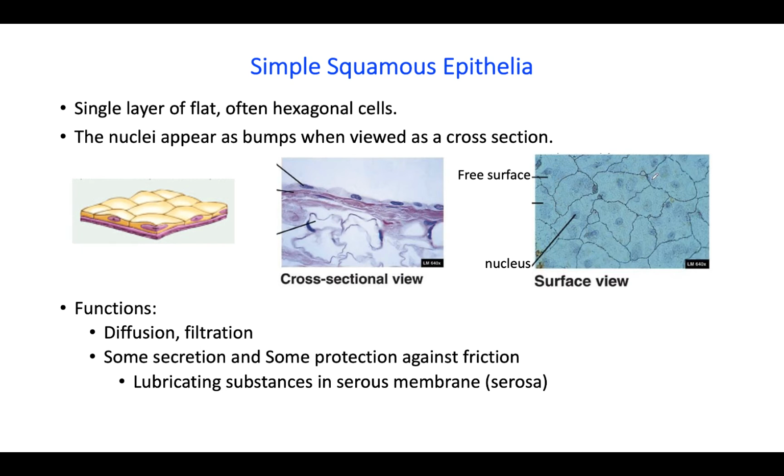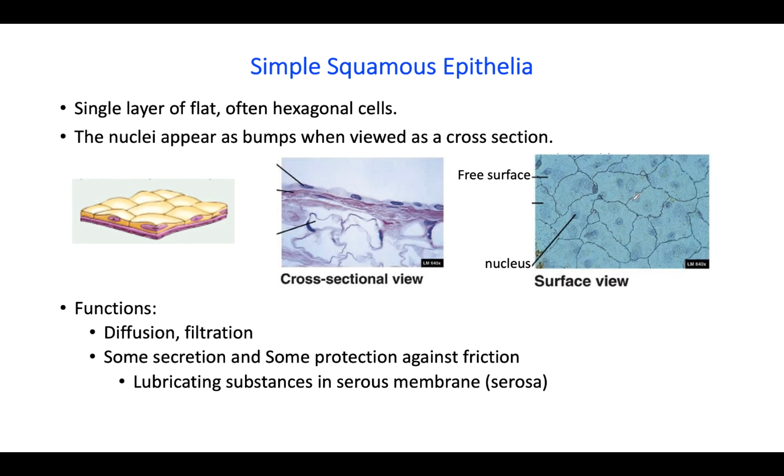In surface view, you can see the free surface and nucleus. Here is the nucleus. And when you look between the cells, you can see very little extracellular material between the cells. So cell to cell is almost closely held together.